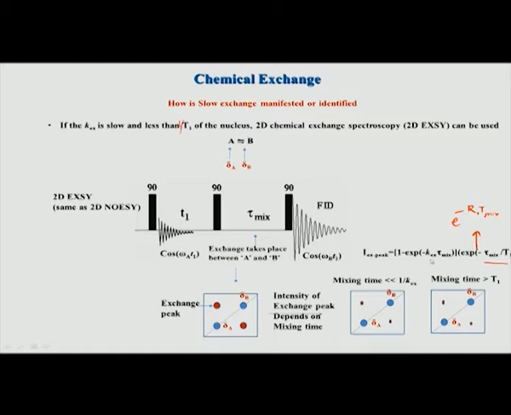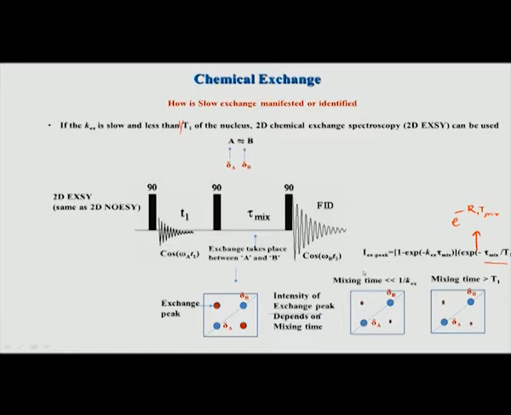If I give a short mixing time, very short compared to the exchange rate, then the peaks are very weak in intensity. But if I give a very long mixing time, which is more than the T1, then this factor dominates, and that factor will kill the signal because it is an exponential decay, and the intensity of the exchange peak will again become very weak.